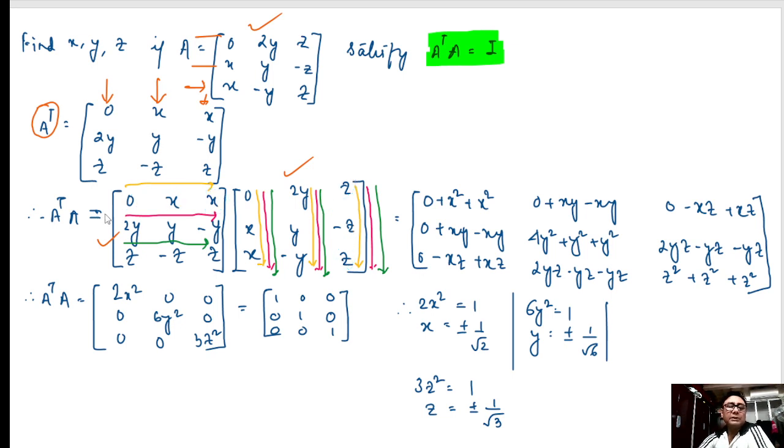And now for the second row we will do 2y into 0 plus y into x plus minus y into x, and we will get this.